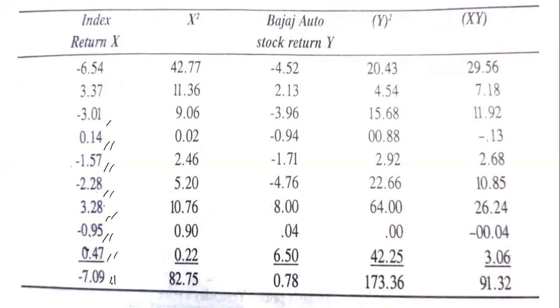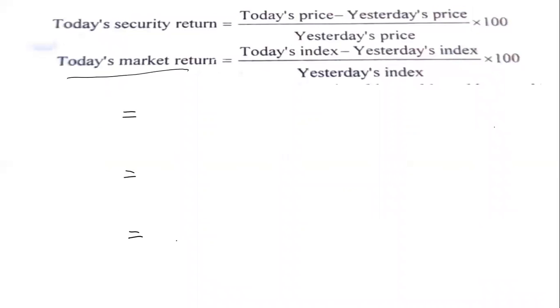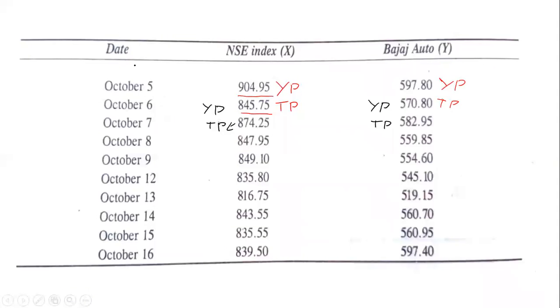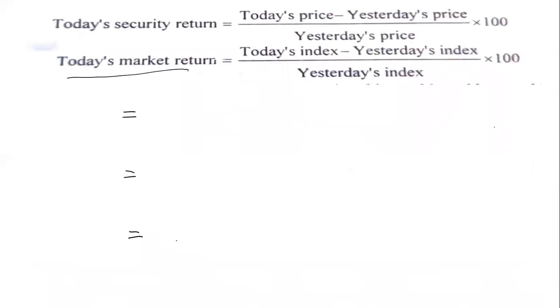Now we will calculate it for stock return. The formula for stock return is today's price minus yesterday's price, divided by yesterday's price, into 100. Looking at the problem, for the stock, this will become yesterday's price and this will become today's price for calculating on October 6.